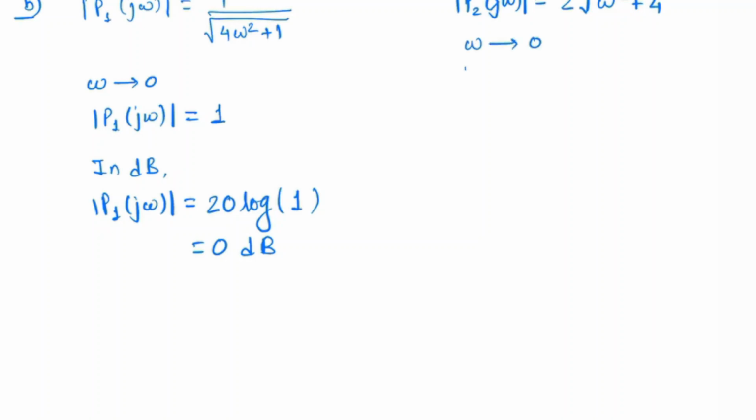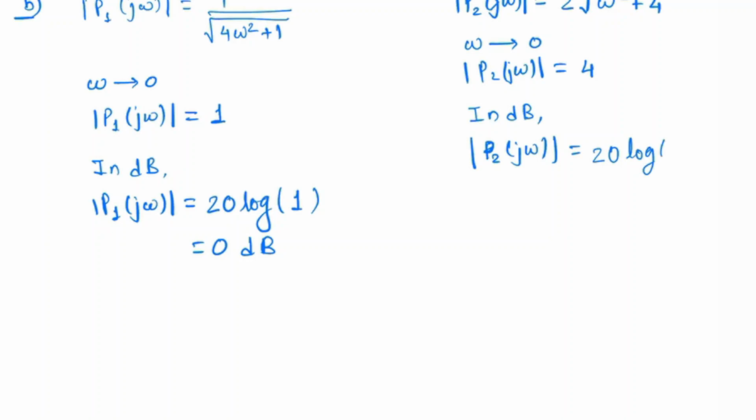When omega tends to 0, it was 4. So if we were to write this in decibels, the magnitude of P2 is 20 log 4. So this would be 12 decibels.